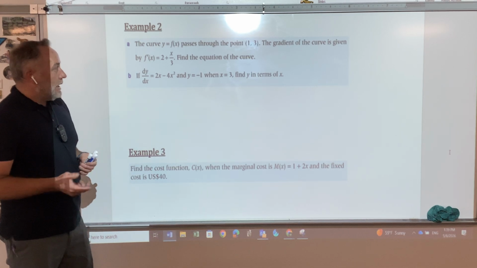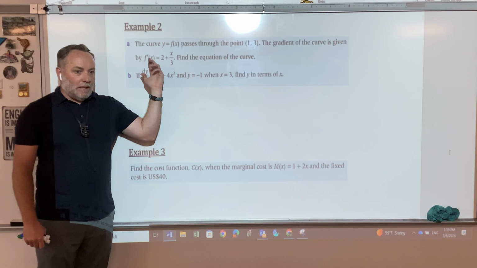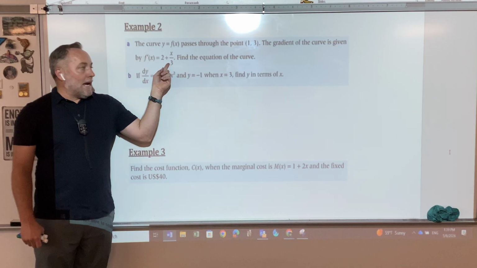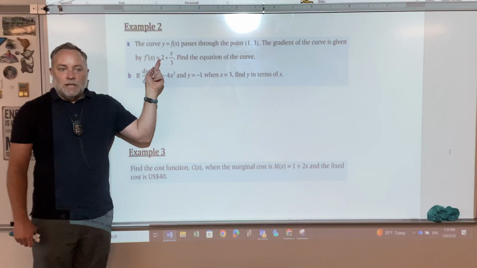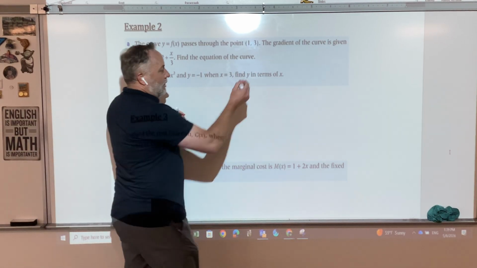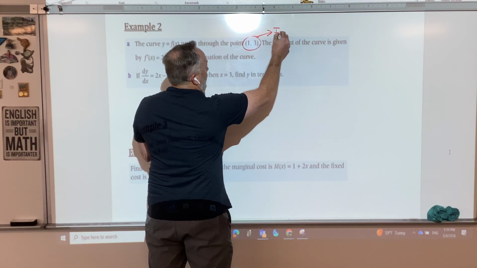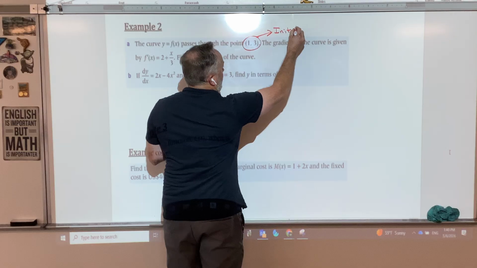So then, here's the thing. Could we do this just like we did the last few examples? Yeah, we can find that integral. We'll show that. So this is going to be an integral. And then this right here, this is important. If you're going to be able to find c, you have to have some type of an initial condition.